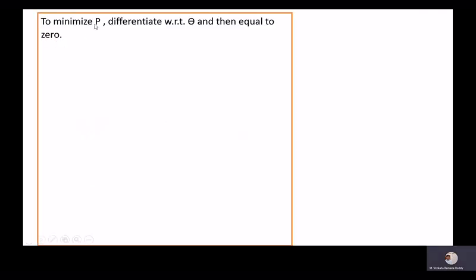To minimize P, that is the force value, we have to differentiate with respect to theta and then equate to 0. So dP by d theta is equal to 0. After differentiating the P equation in terms of theta, we get this particular equation.